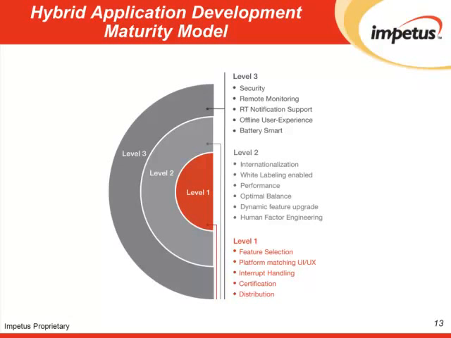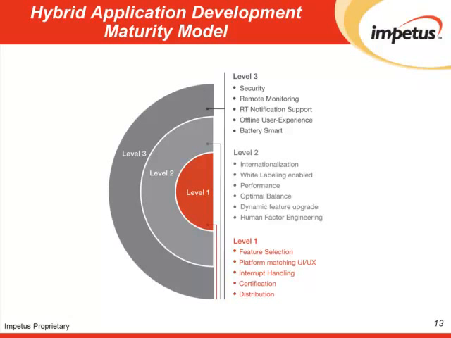So as you can see from the diagram, the model has 16 attributes distributed across 3 different levels. The first level signifies the basic level of hybrid applications that may be as simple as an application which just encapsulates some web pages that are rendered on the device using a native container. And then the second, or the more progressive level, denotes feature-rich consumer and enterprise applications that support dynamic feature upgrades and optimal balance between that web and native layer.